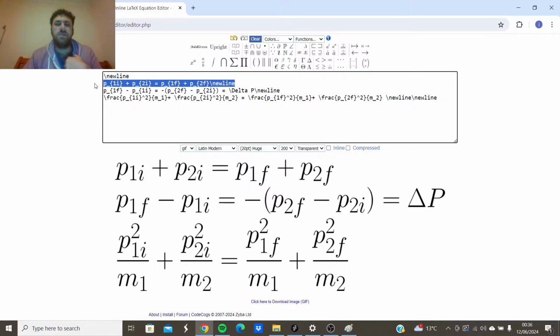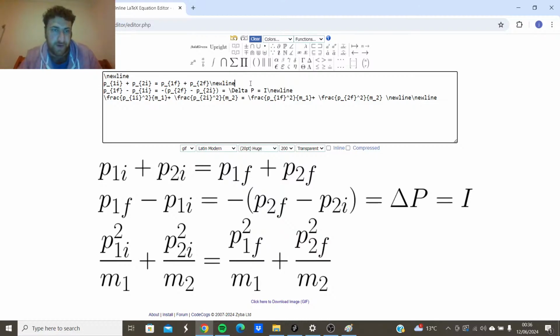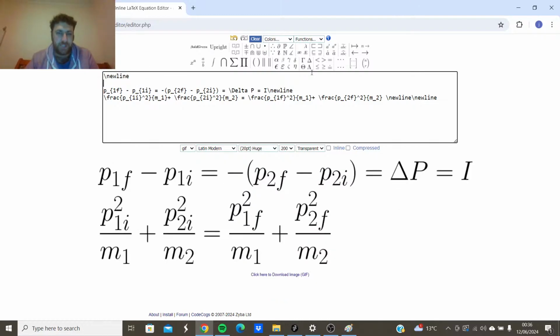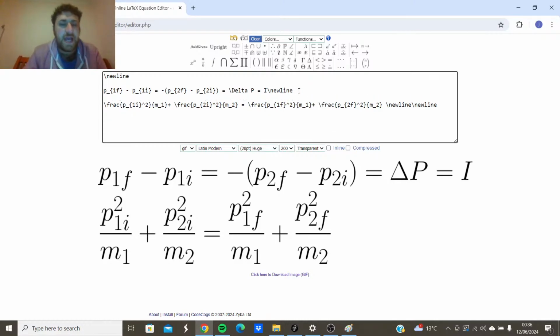I'm going to call it I for impulse just to be consistent. So now we can turn this into two different equations, one in terms of P1F and P1I, the other in terms of P2F and P2I.